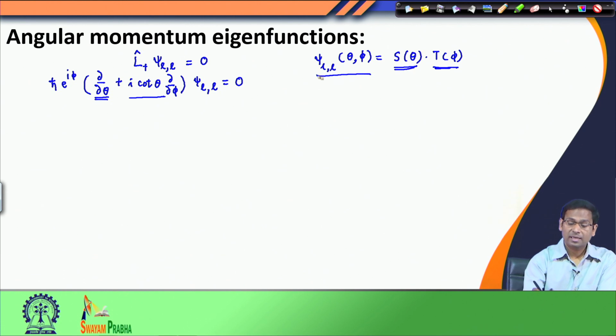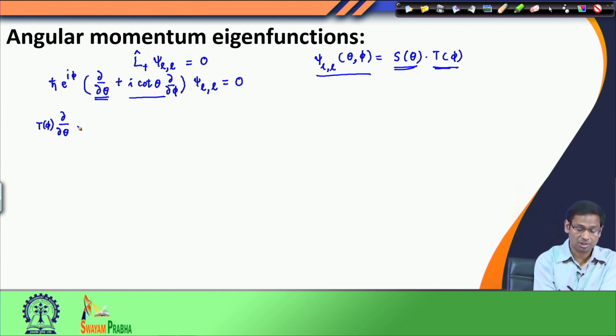And I am going to apply this relation instead of writing psi, which is a function of theta and phi, I would use it as s and t, where s depends on theta and t depends on phi. So, when I differentiate this function with respect to theta, I see that I have s of theta and t of phi. So, t of phi will be independent of this differentiation because I am doing a partial differentiation with respect to theta.